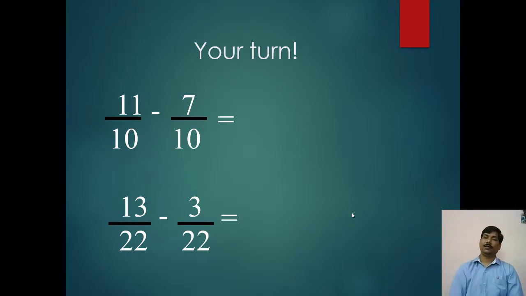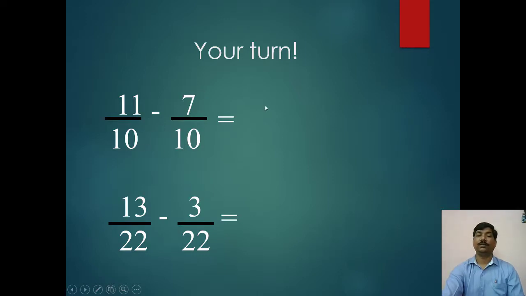Now try it yourself. For example, let's discuss this. In this problem, 7 upon 10 is being subtracted from 11 upon 10. So what will be here? The fractions are like fractions.